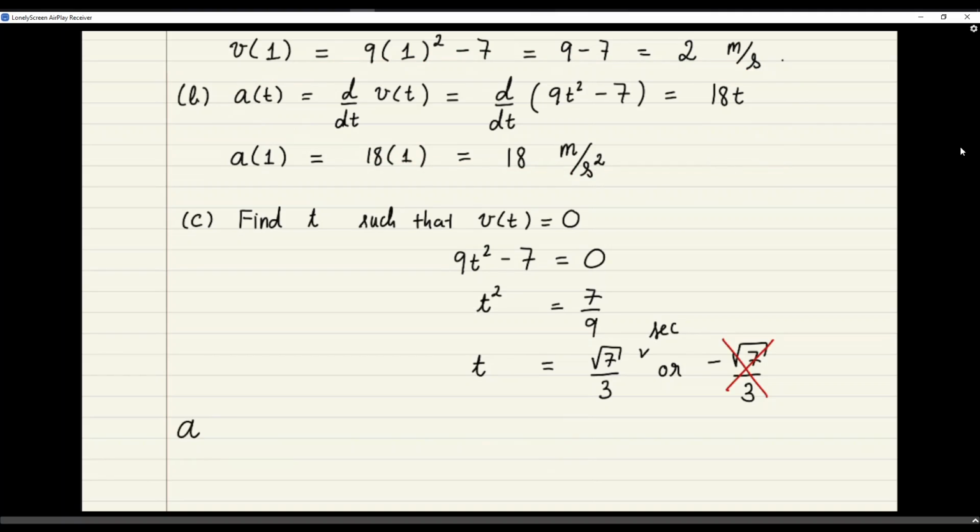So acceleration at square root of 7 over 3 seconds is equal to 18 times square root of 7 over 3, and that gives us 6 root 7, and the unit here is meter per second squared. So the solution is that when the velocity equals 0, the acceleration is 6 times square root of 7.